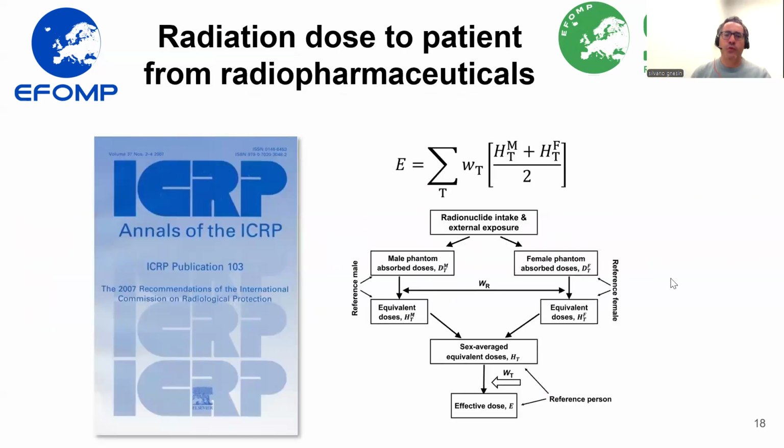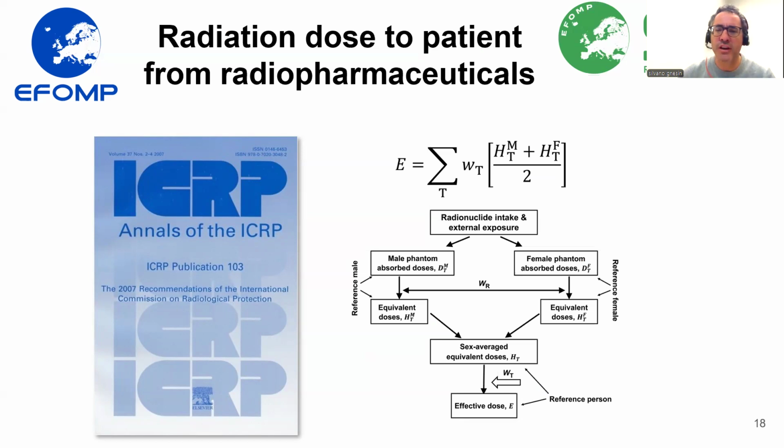Now I would focus on the way the ICRP defined the effective dose in order to provide an estimation of stochastic risks in a reference human. You can see here that we refer in this case to ICRP Publication 103, which defines the methodology to define the effective dose for the reference subject.